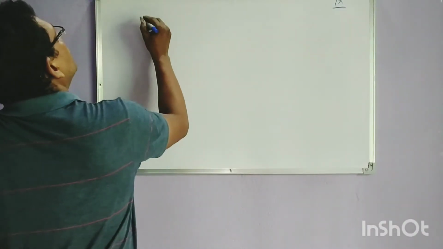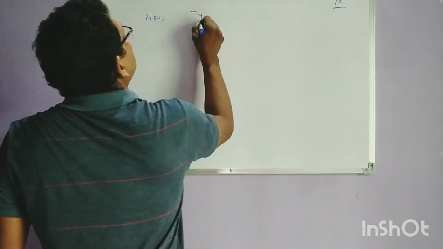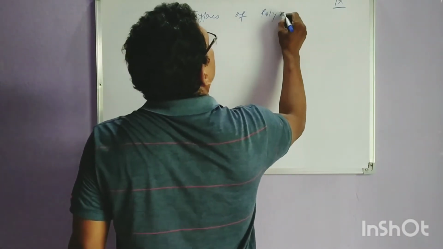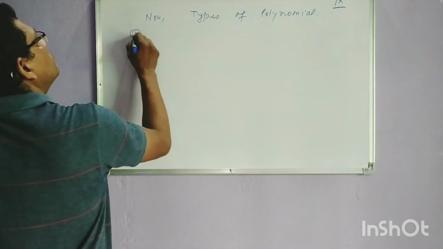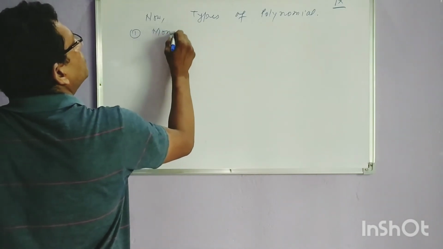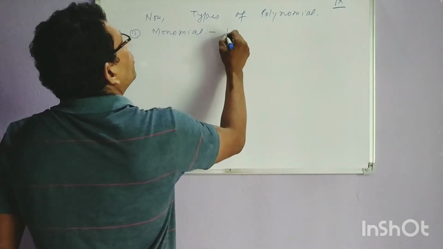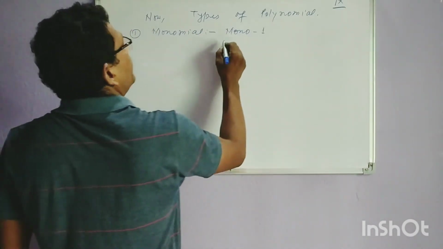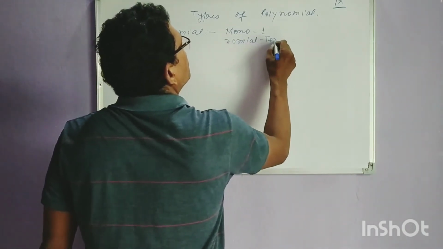Now we are going to learn types of polynomial. First one, monomial. Mono means one and nomial means term.